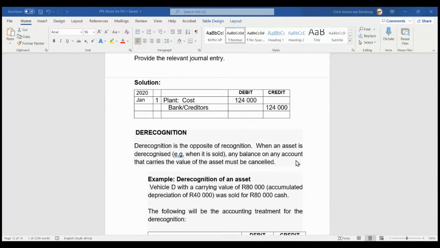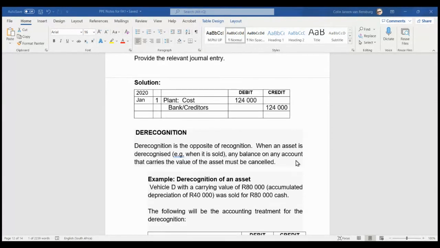Okay, ladies and gentlemen, I'm going to ask you a few questions now again. I know that you possibly have the notes in front of you, but that's also good. When it comes to derecognizing an asset after we've depreciated it for a time, as you can see in this example, they say vehicle D with a carrying amount of 80,000 rands, the accumulated depreciation was 40,000 rands, was sold for 80,000 rands cash.